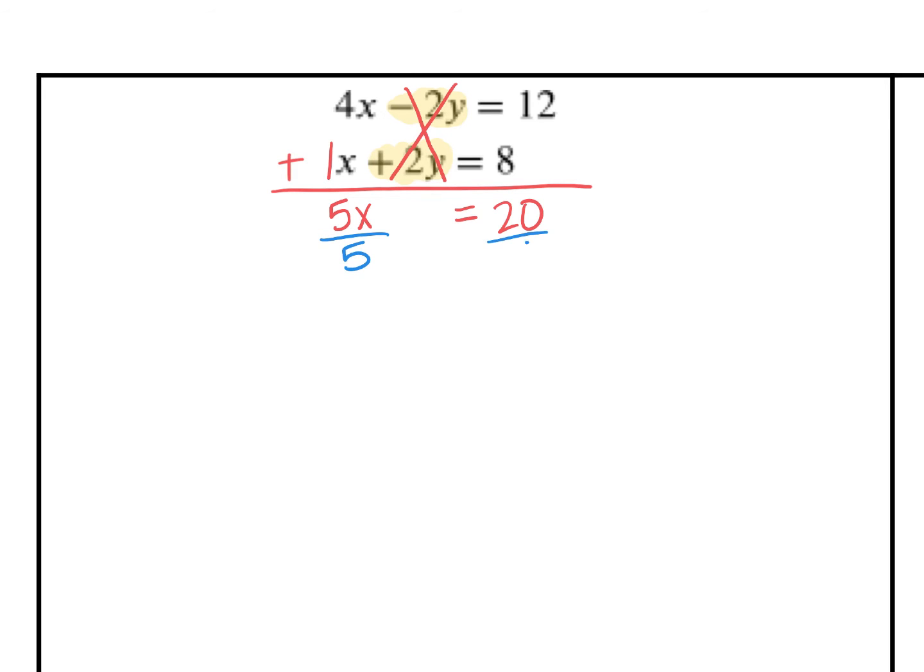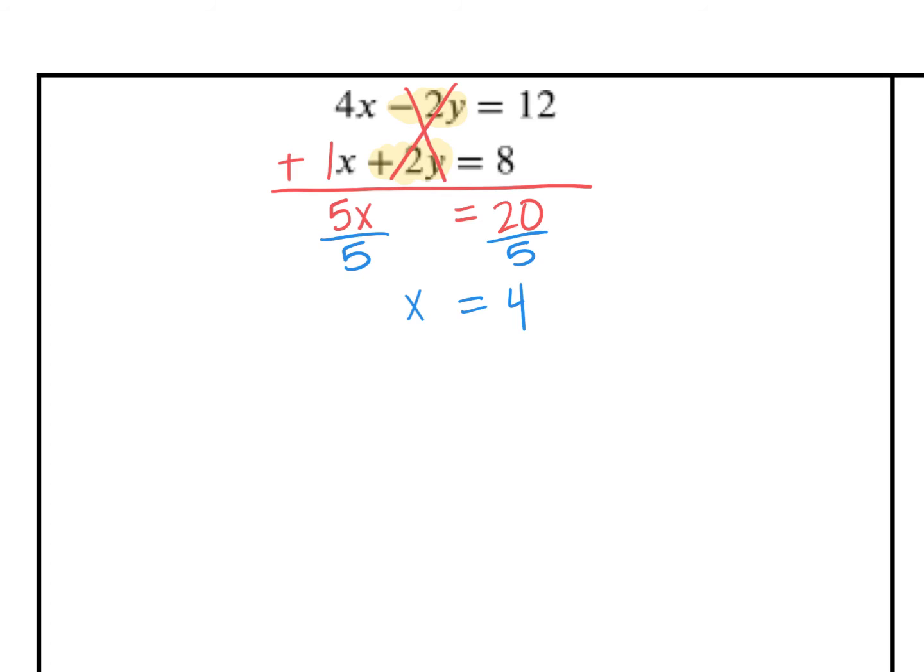So we divide by 5 on both sides. On the left, 5 over 5 makes 1, so we have x on the left side equals 20 divided by 5 is 4. So here we've solved for our first variable, x is equal to 4.